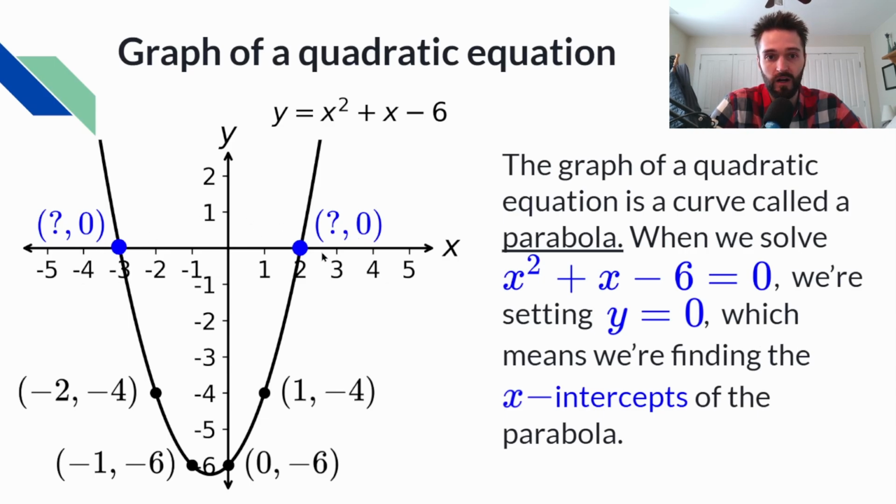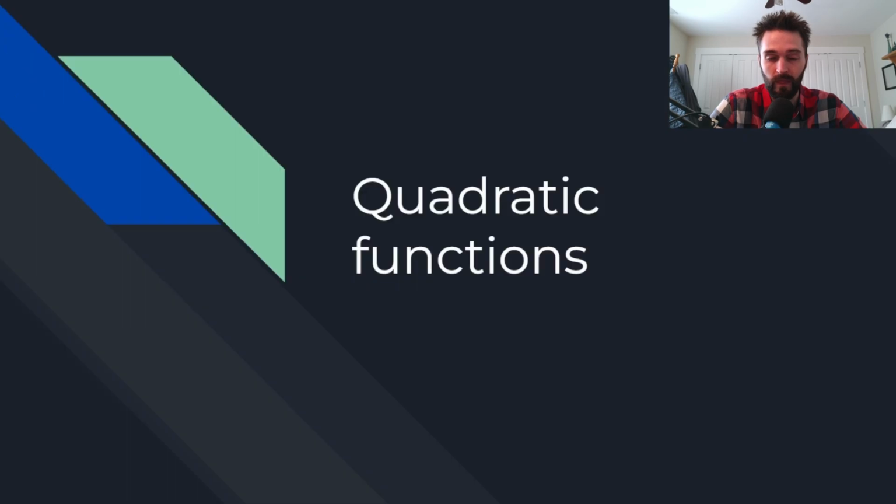Remember, these points here on the x-axis, they have a y value of 0, right? Because they have a height of 0. So when you set y equal to 0 and you solve for x, you're finding the x-coordinates of these blue points here. Okay? That's essentially the bread and butter of quadratic equations. Now we're ready to move on to the new material.